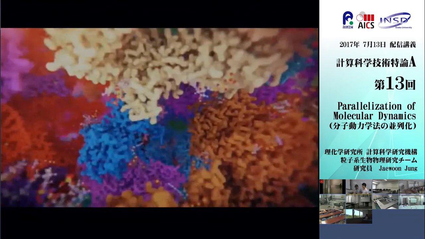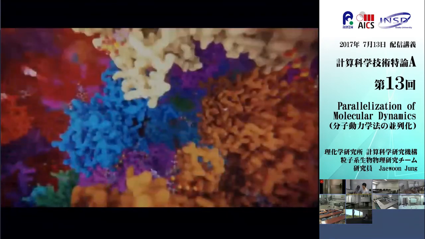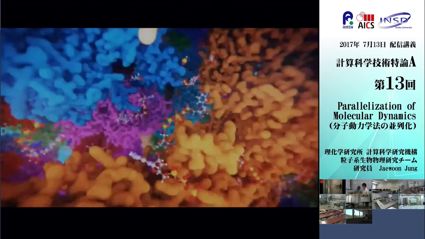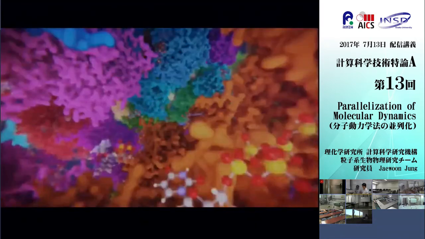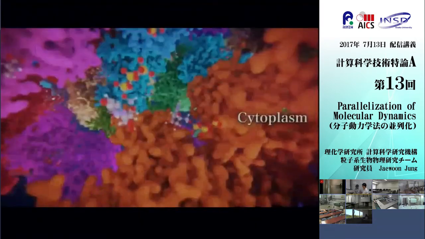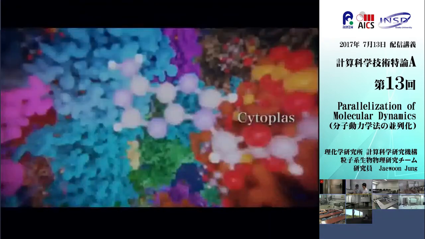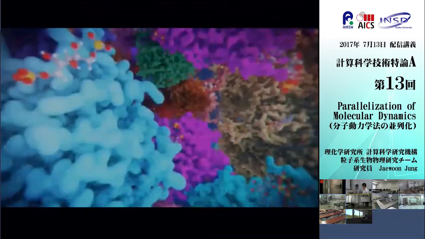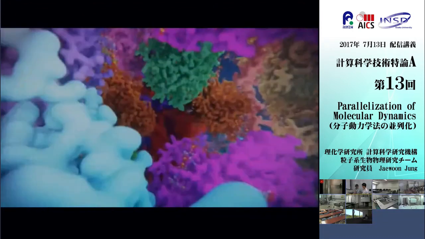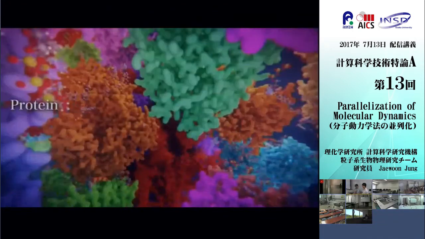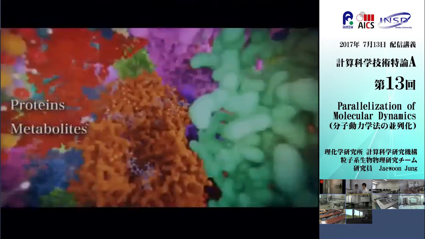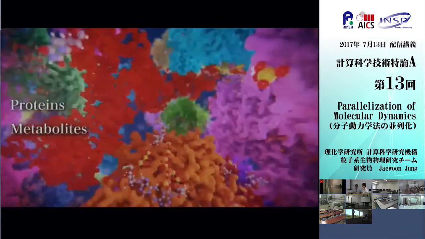Mechanisms of life simulated through supercomputers. We are inside a cell in a substance called the cytoplasm, which is packed with a vast number of molecules. It is here in the cytoplasm that complex and diverse reactions involving proteins, metabolites, and other biological molecules of various sizes are orchestrated.